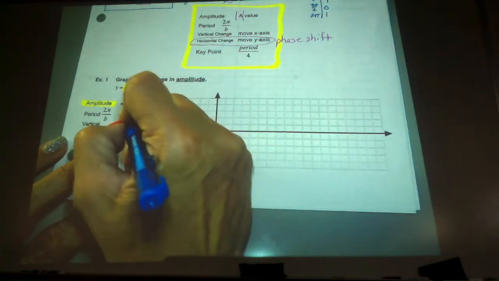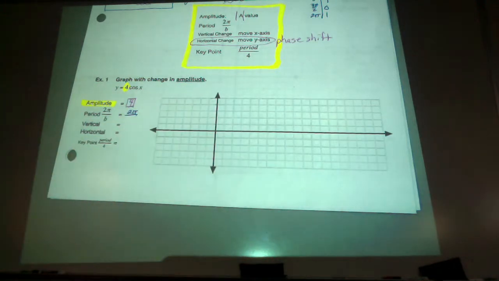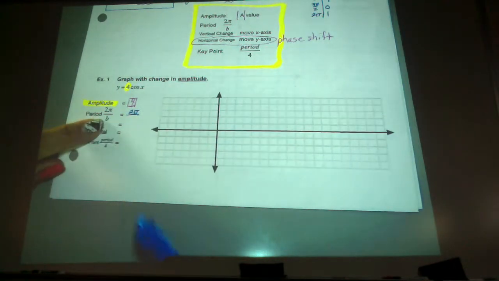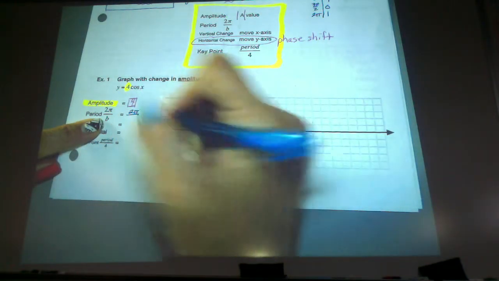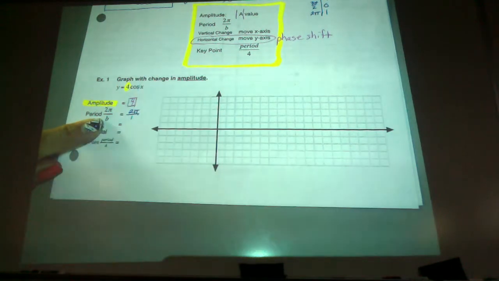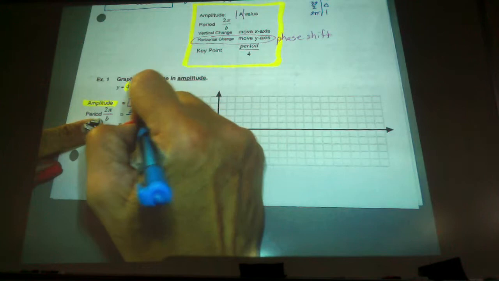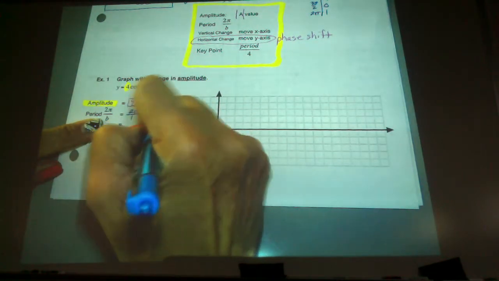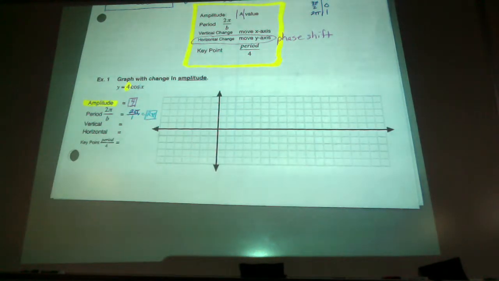So we always use 2 pi because that's the general period for sine and cosine. B is the coefficient in front of x. What's in front of x? 1. So technically there's a 1 here in front. So I'm dividing my period by 1. And so I actually get 2 pi. My period has not changed.